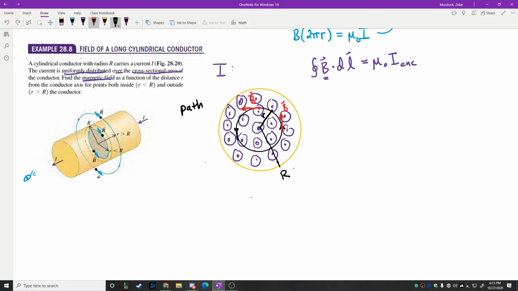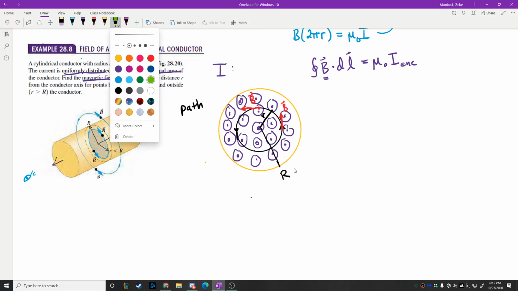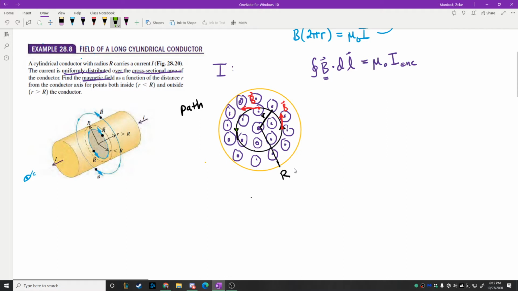Let's use a different color so it stands out a little better, like light green. So the path also points in the same direction as the magnetic field. The path is dl, so that's this right here. At any point where we have a magnetic field, the magnetic field and the path line up. If they line up, that tells us that we can remove the dot product here because the angle between the two vectors is 0. And since the magnetic field is constant, we can pull that out again.